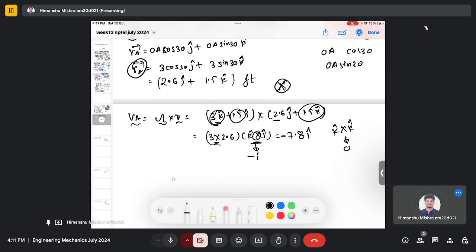Then this quantity: 1.5 multiplied by 2.6, i cross j. So i cross j will give me k, and the multiplication is 3.9, so this will give me 3.9 k.